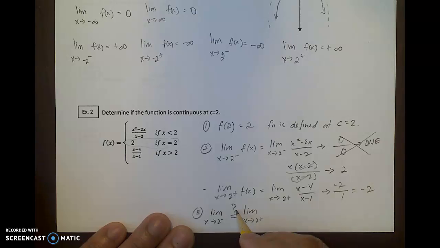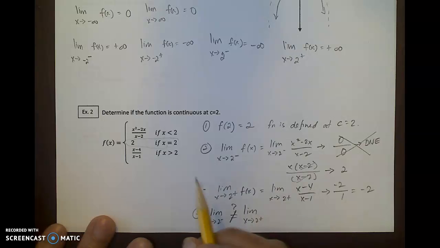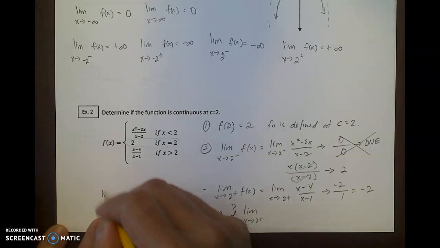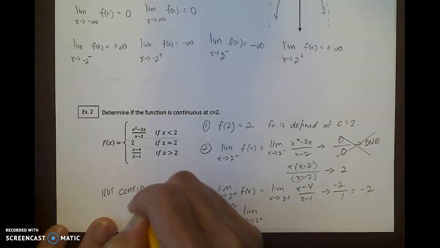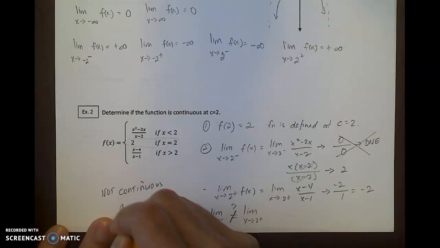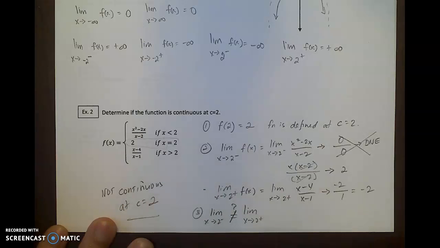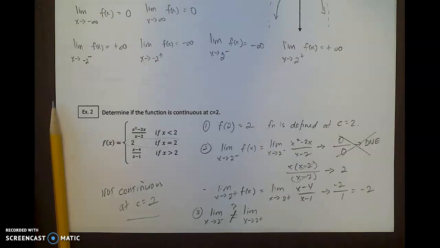Because the limits on both sides are not equal, this function is not continuous at a c value of 2. It does not satisfy the third requirement, since the limits coming in from both sides at that c value are not equal.